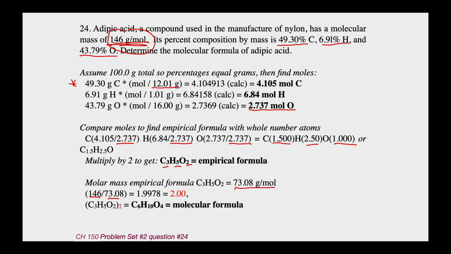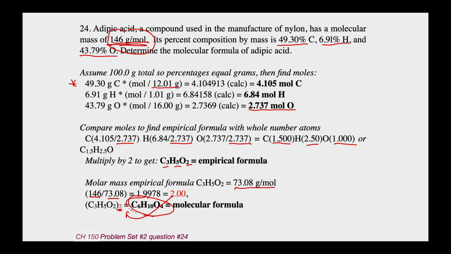We should always get a whole number, and we do. It's a ratio of 2. So that means we have to multiply our empirical formula by that ratio, by 2. C6H10O4 is our final answer. That is the molecular formula for this compound.